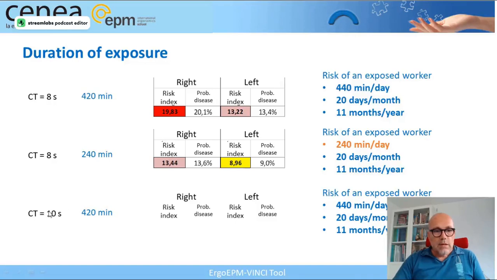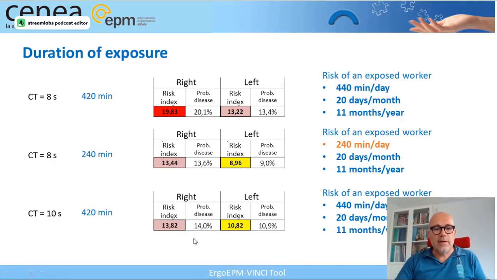Same as if we slow down. They work all day for 420 or 440 minutes, but at a rate of 10 seconds each unit. Therefore, this slower work also reduces the risk index.